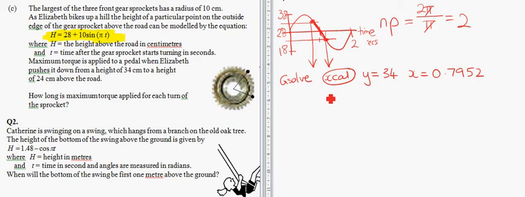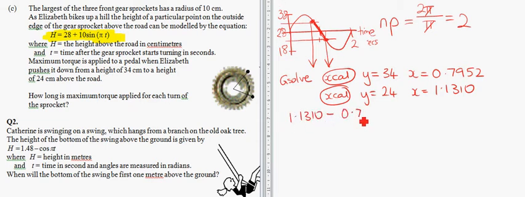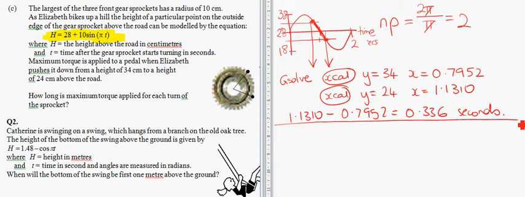Returning to G-Solve xcal, and this time we'll put in a y value of 24. We get x equals 1.1310, which will be this value here. So clearly the time in between these two, 1.1310 minus 0.7952, gives a value of 0.336 seconds. The answer to that question there.